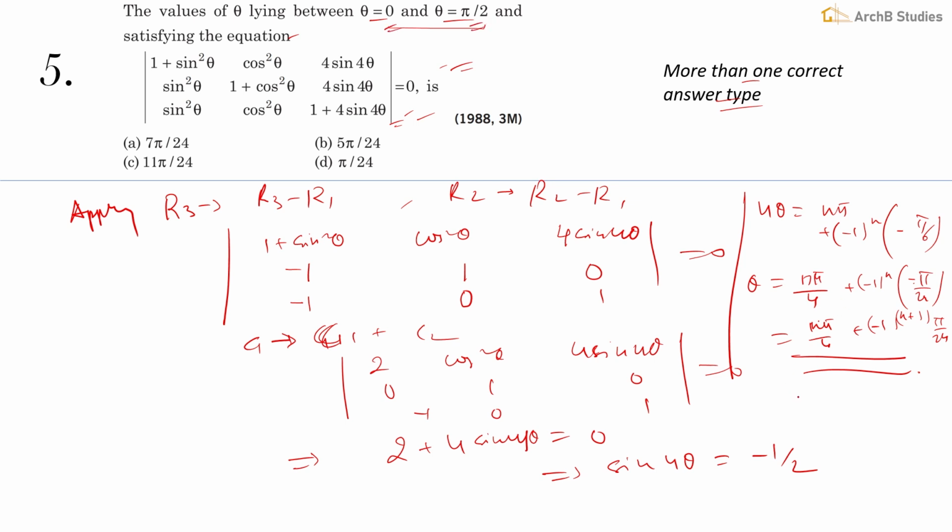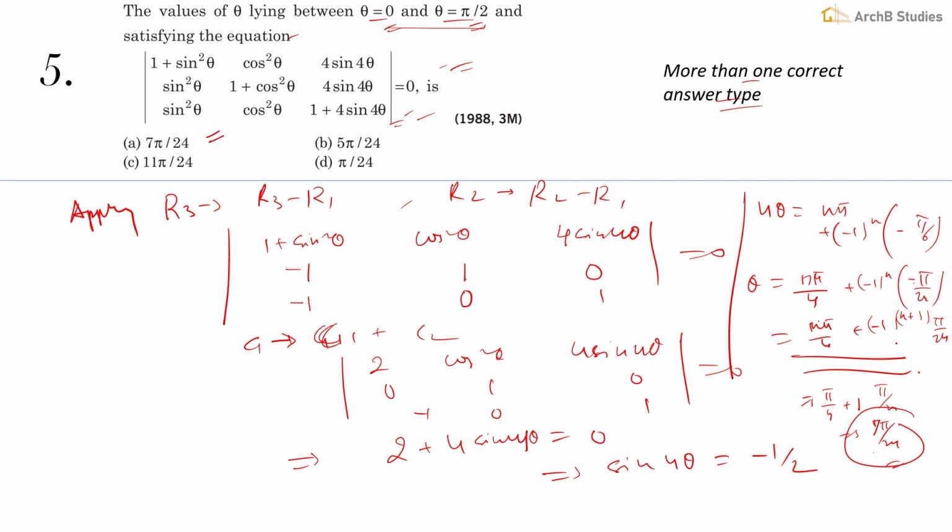If we put n equal to 1, we will get pi by 4 plus 1 into pi by 24, that is 7 pi by 24. That is the first one.